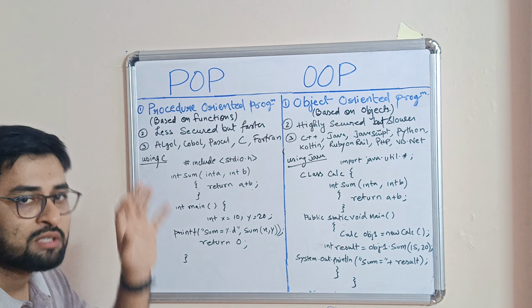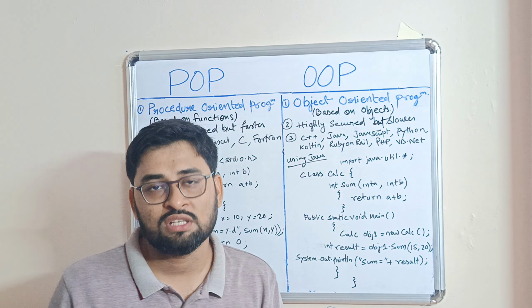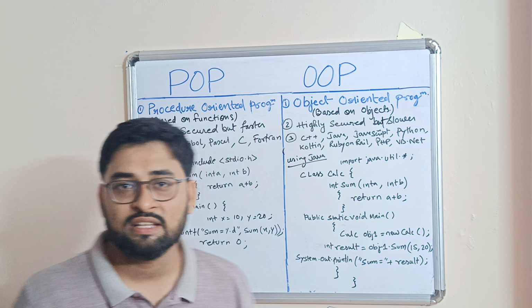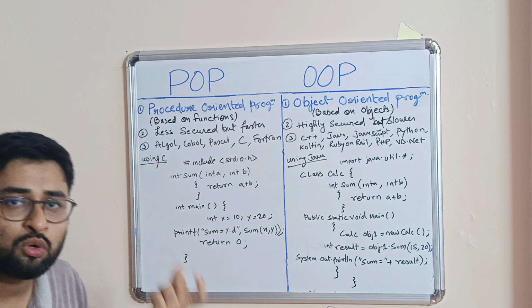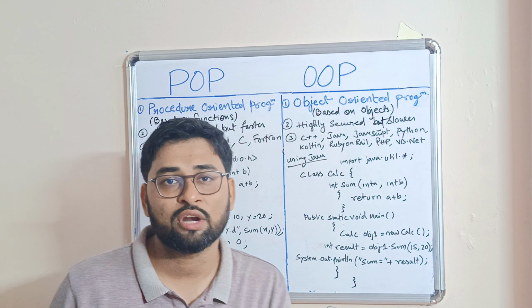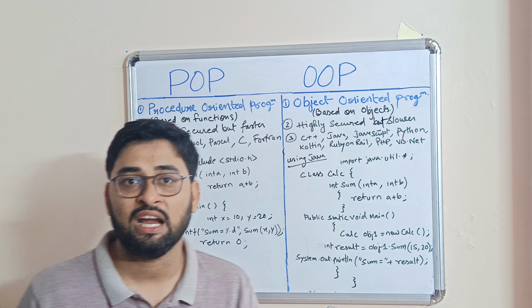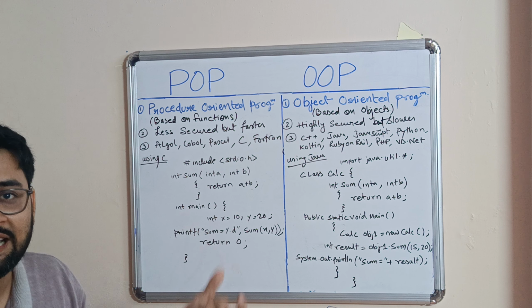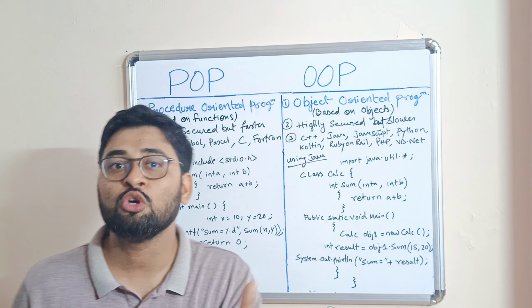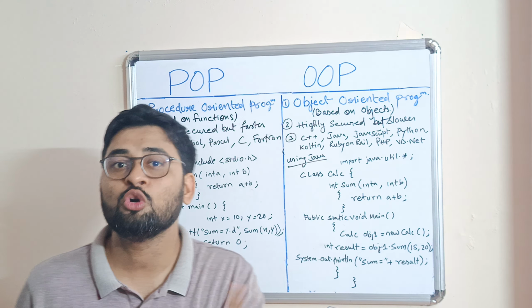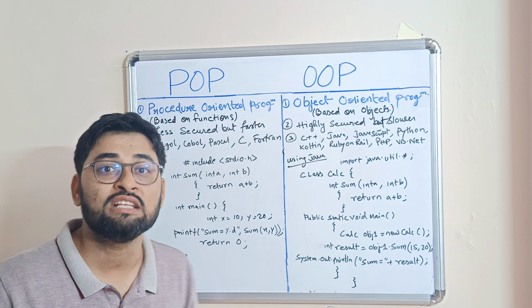So functions communicate with each other inside the programs. The first operating system we had, Unix, was made up of C language, which followed POP, procedural oriented programming. Hope you have understood. That's why it is less secured, but faster.